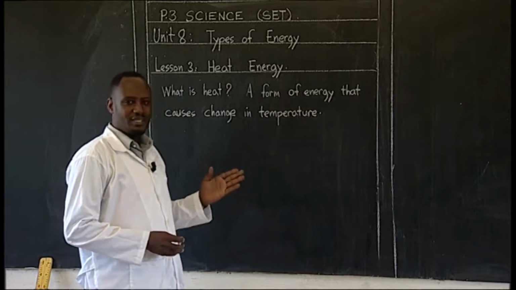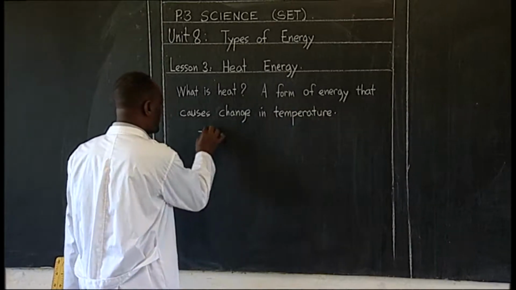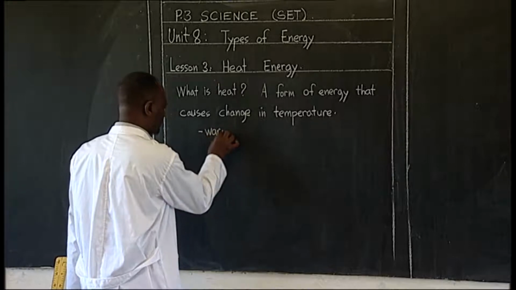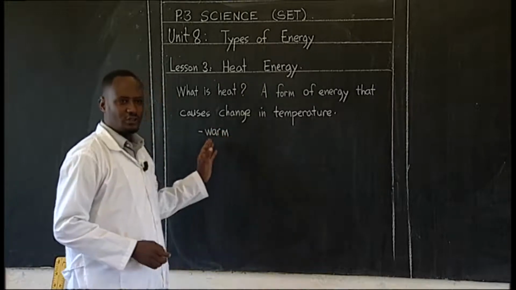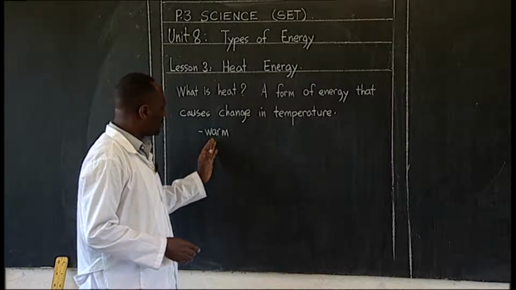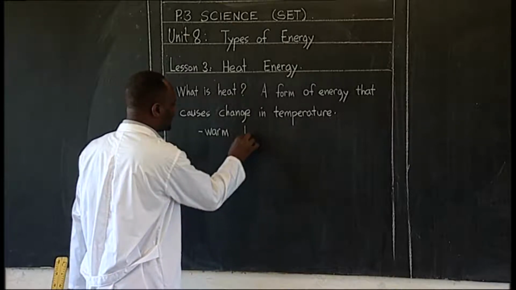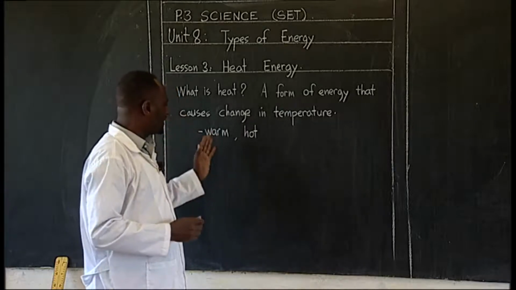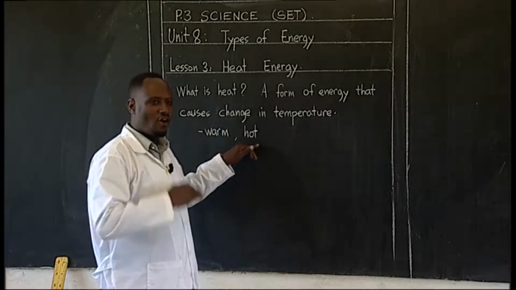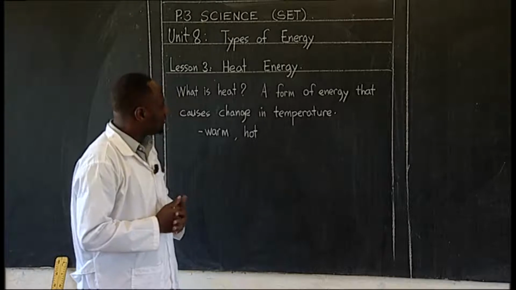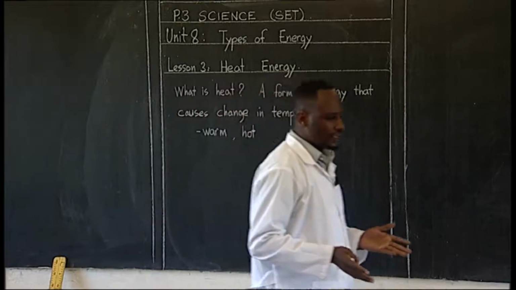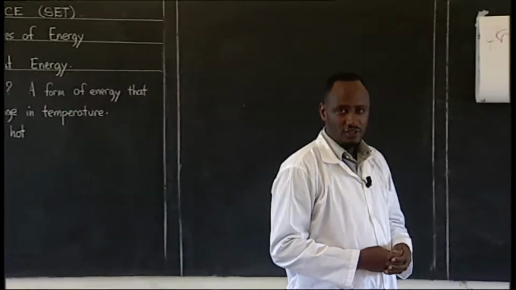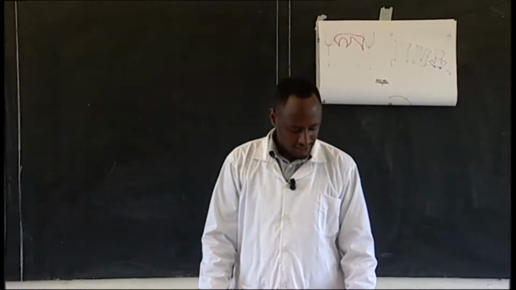This time it makes it either warm, or hot. That is when it is too much. Too much heat causes an object to become hot. So that is the simple definition of heat.